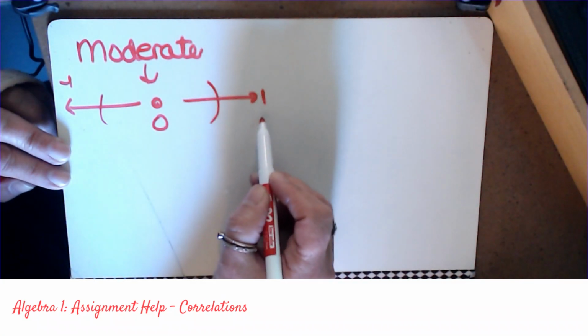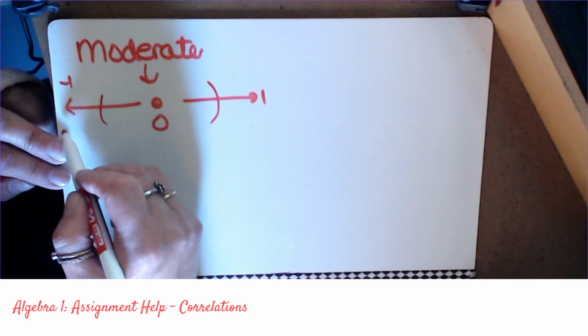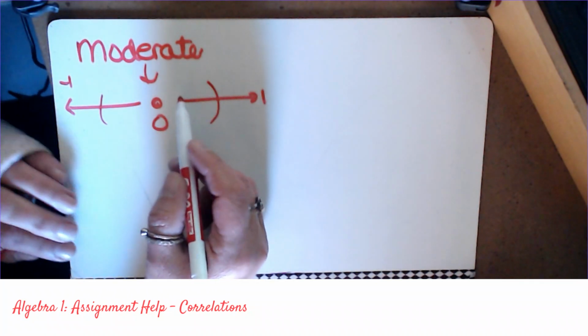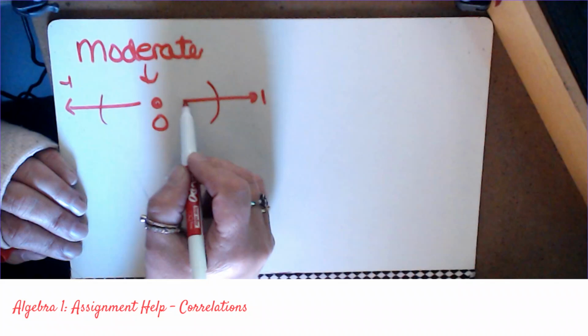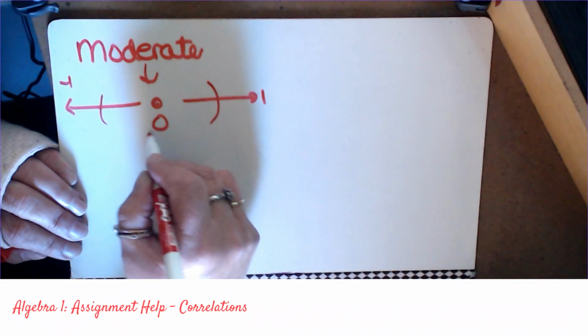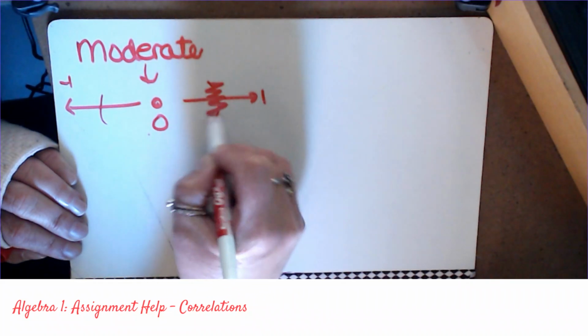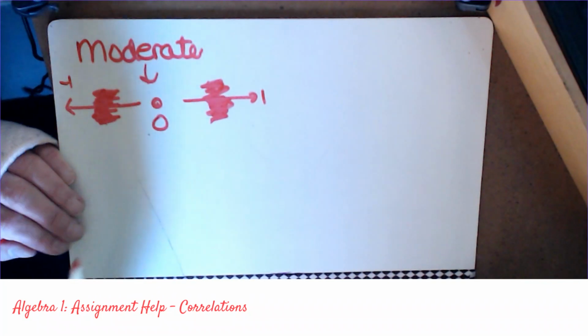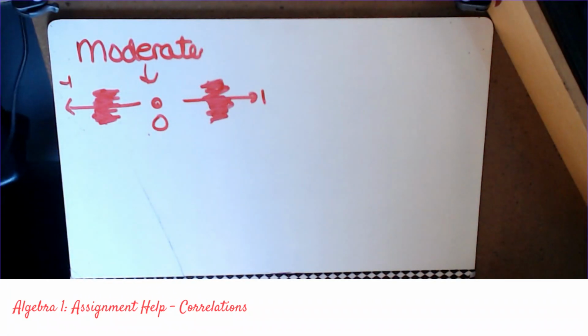Not something really close to 1, and not something really close to 0, because that means no correlation. So you're really looking in this region of the graph and this region of the graph. Okay.